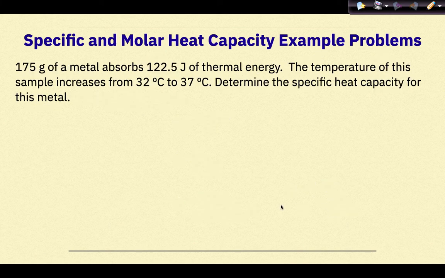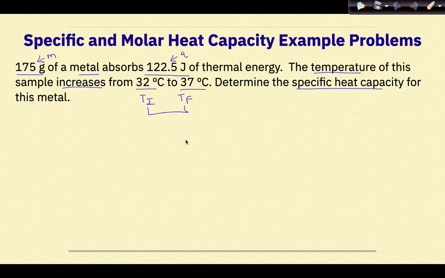Let's do another example. 175 grams of a metal absorbs 122.5 joules of thermal energy. The temperature of this sample increases from 32 degrees Celsius to 37 degrees Celsius. Determine the specific heat capacity for this metal. So let's see, what do I have here? I have a mass, I have a Q, and I have an initial temperature and a final temperature.